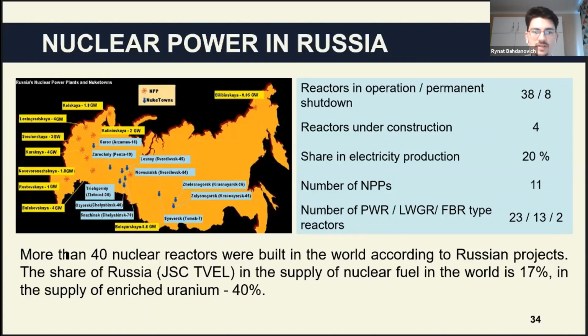More than 40 nuclear reactors will be built in the world according to Russian projects. And the share of Russia in the supply of nuclear fuel in the world is around 17%. In the supply of enriched uranium, it is around 40%.